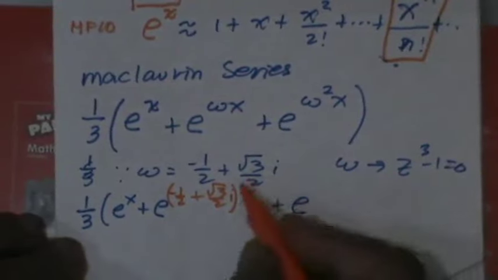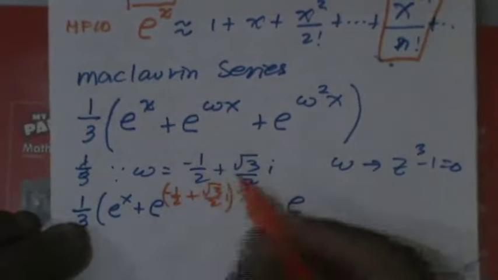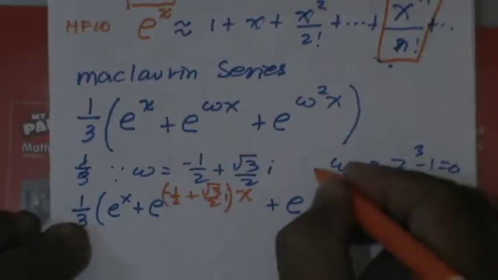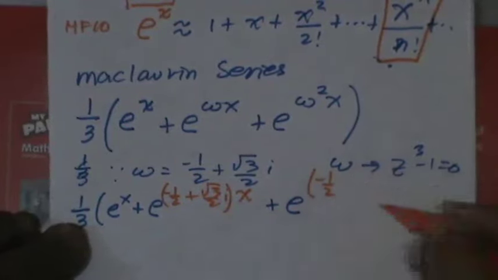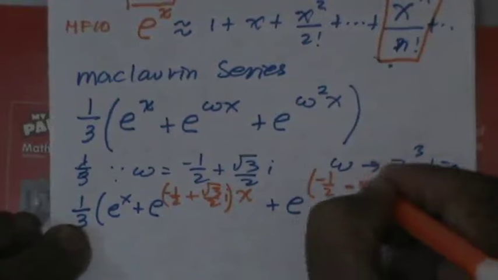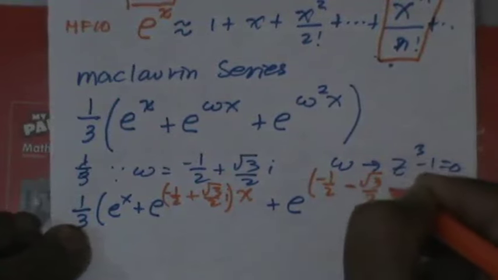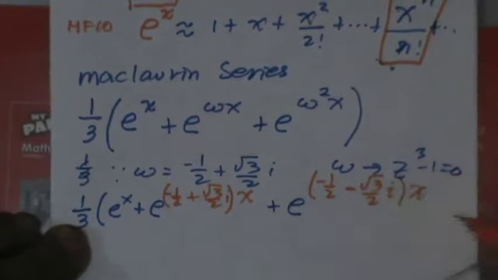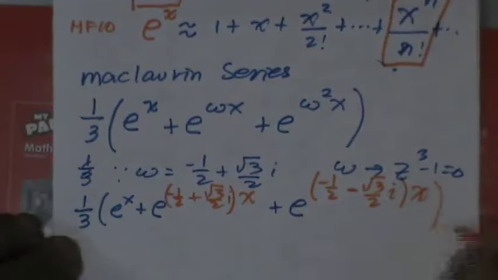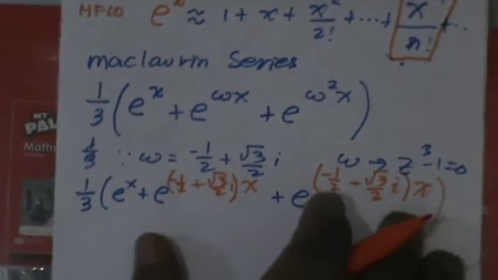Your omega squared is the conjugate of this one, that's the omega squared. So that is e raised to -1/2 minus the square root of 3 over 2 i x. There you go.